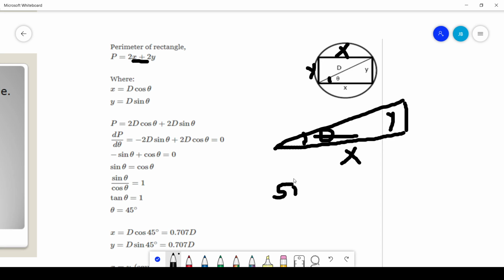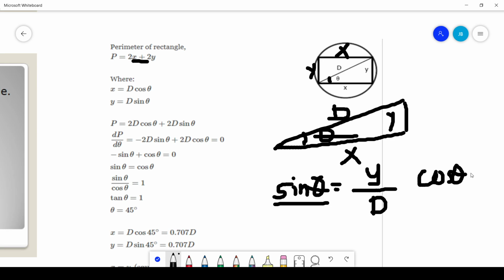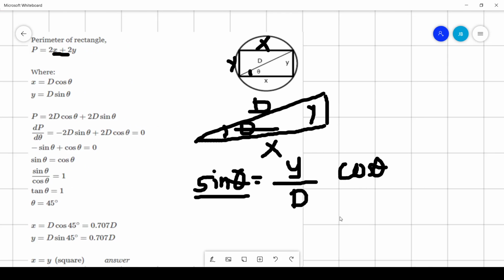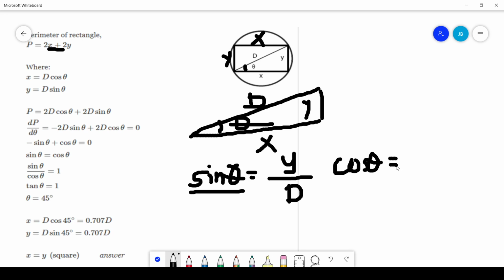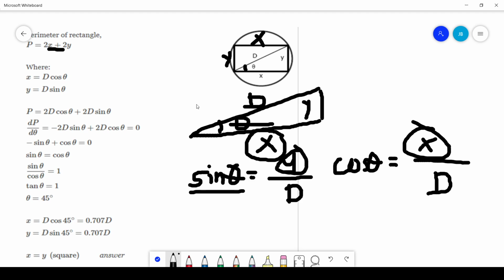Sine theta is equal to opposite over hypotenuse, which is D. So therefore, you can find Y if you use sine. If you use cos, that's adjacent over hypotenuse, and adjacent to the angle is X over D. So you can have X and Y. X is D cos theta, Y is D sine theta.